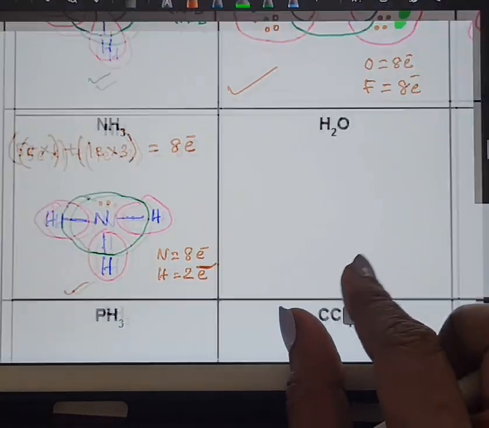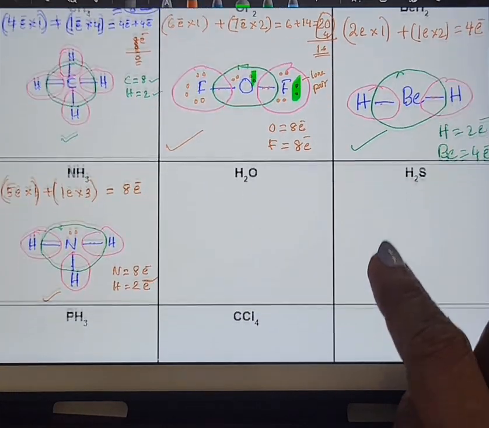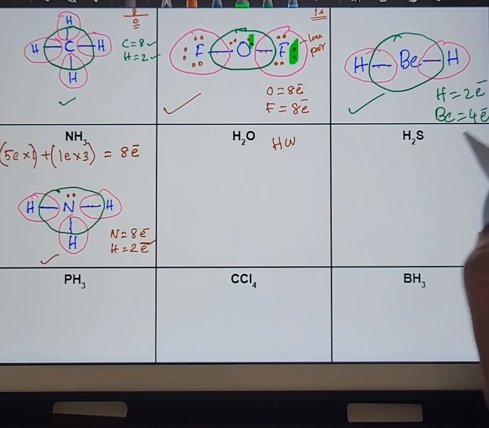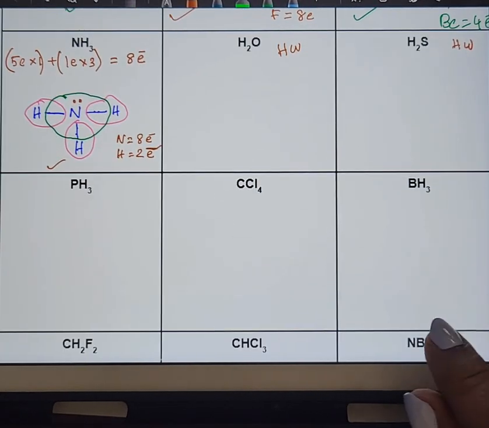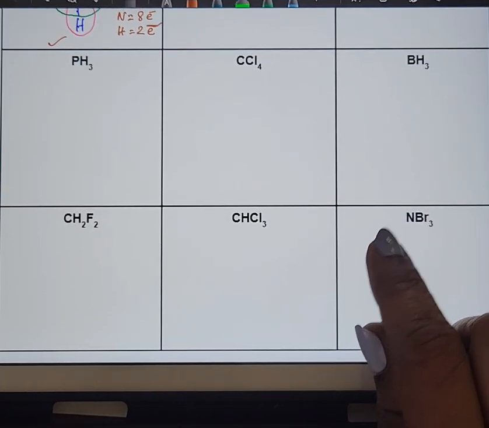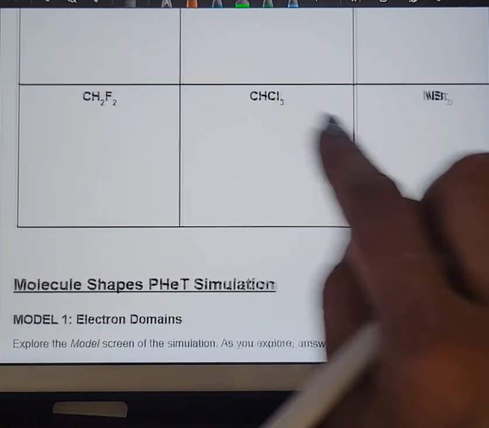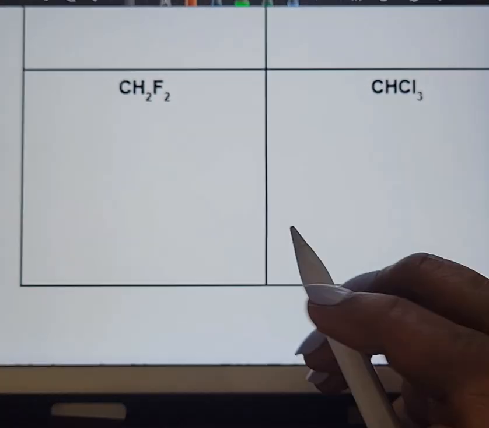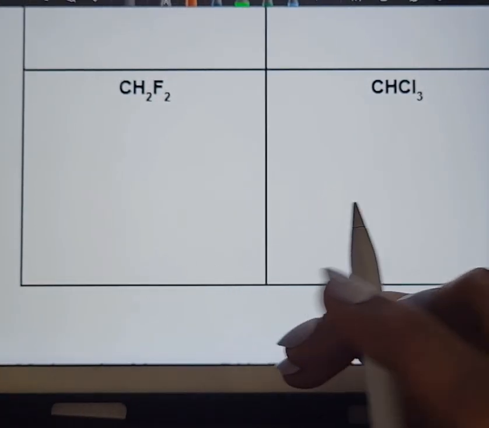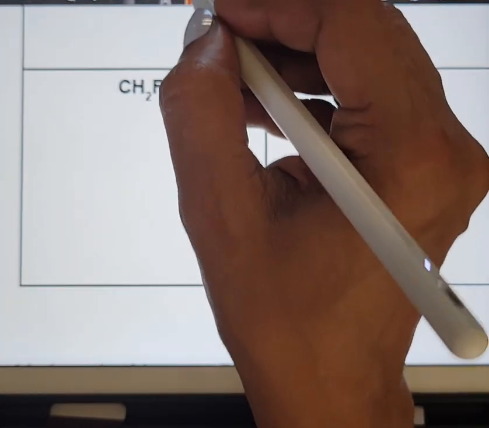Okay, you are doing this one as homework. This will be a homework. I'm going to do this one. It's a multi-electron atom. You will get confused how to do this. Let's calculate the valence electrons first, okay?